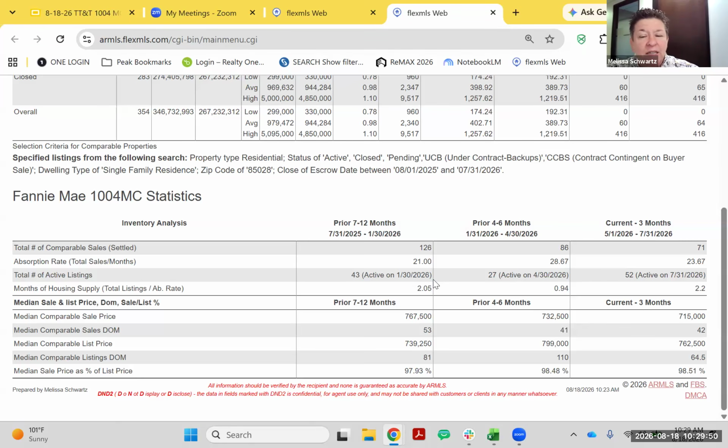And then you can see the list price shift from 739. Ooh, people were getting greedy, weren't they? 799. That top of the market, everybody's like, we're going to sell, we've got this. And they listed higher, and it's dropped, but only to 762. So our list prices are still very high, but that is not what they're selling for, right?